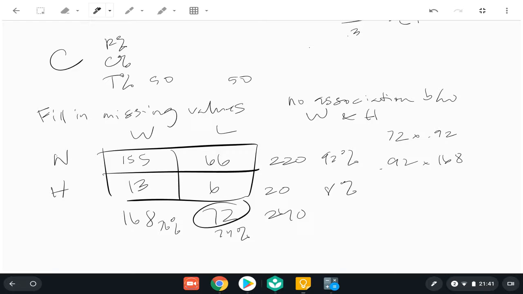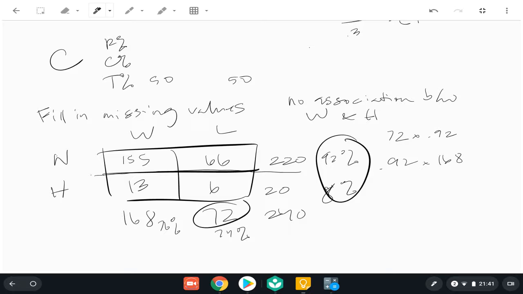Okay, so we have to refigure out this. What did I calculate wrong? If winning and losing is independent of these variables, then I don't need to use this one to calculate it, right? Because just because there's a 92% on this side doesn't mean that I need to calculate it like that.